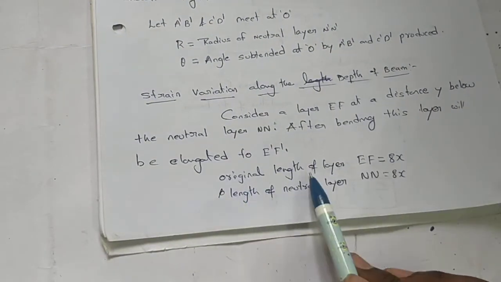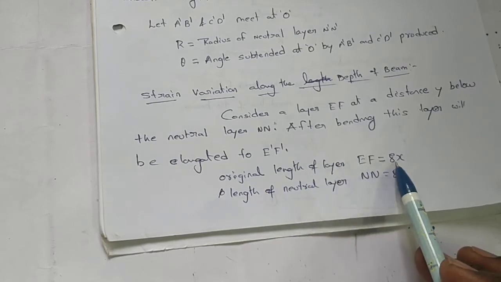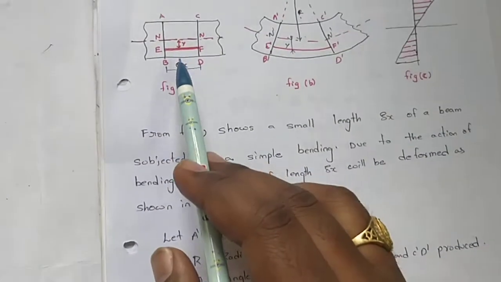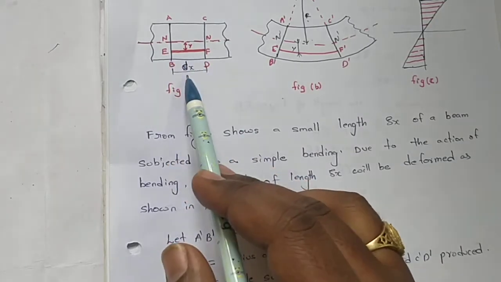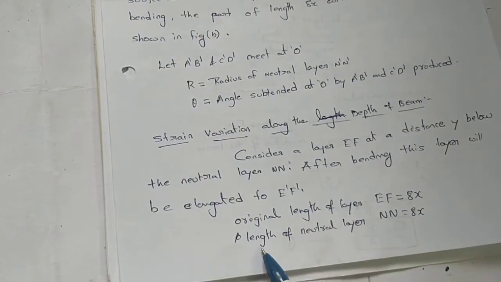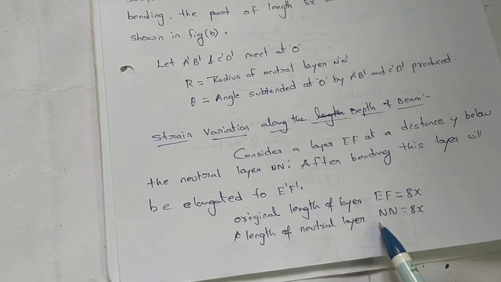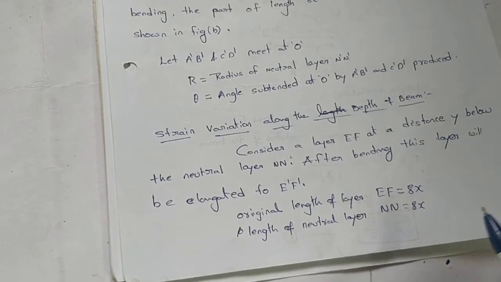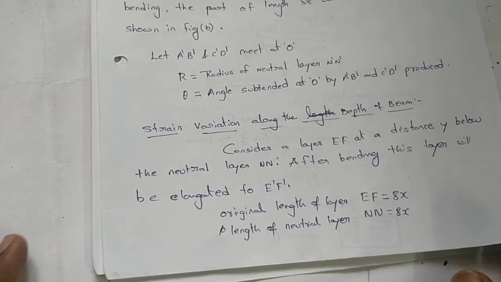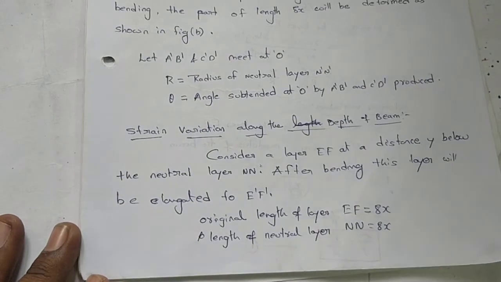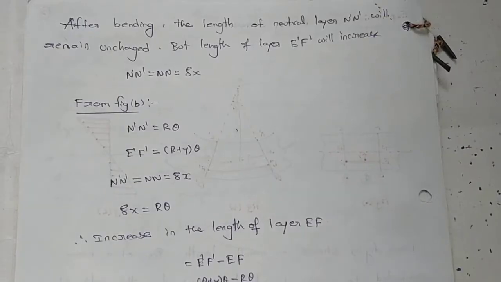Now the original length of the layer EF is equal to delta x. Observe in this diagram, the original length of the layer is dx and the length of the neutral layer NN is equal to dx. Here there is no change in length, that is EF equals NN equals delta x.